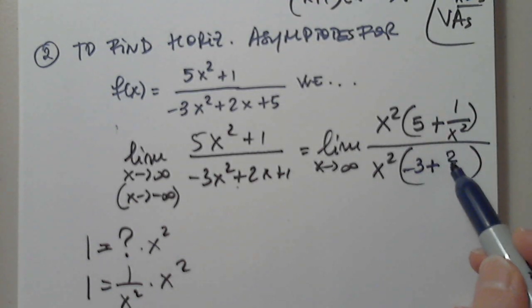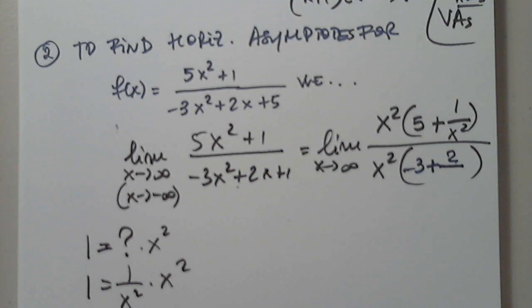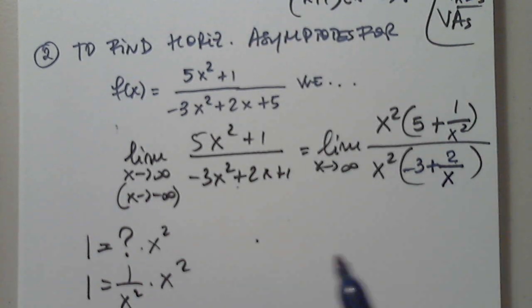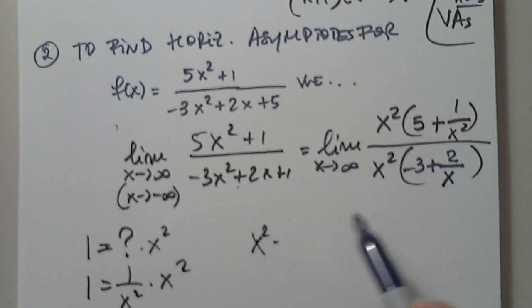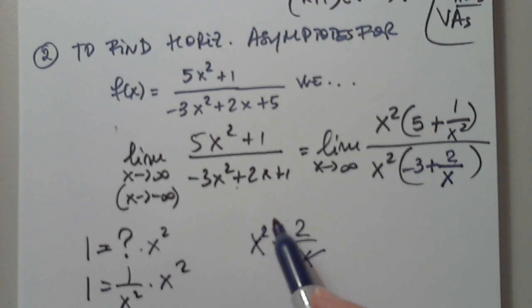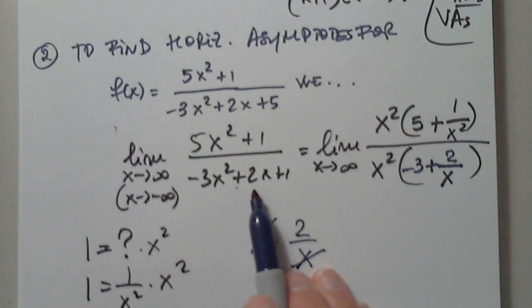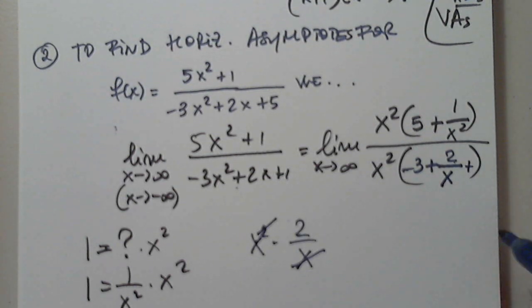So yes, indeed, because x squared multiplied by 2 over x, we simplify and we get 2x back. Plus, last one, plus 1 over x squared, indeed. Then we simplify x squared with x squared.